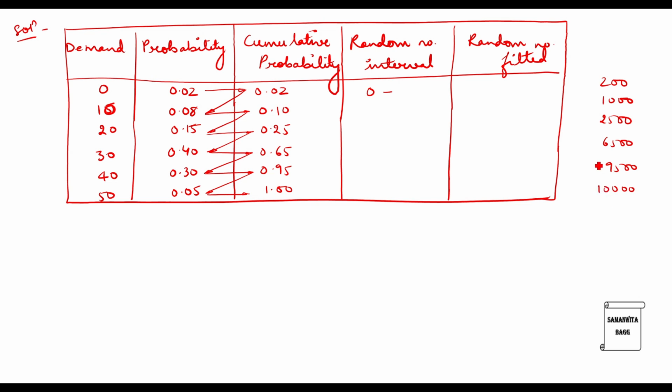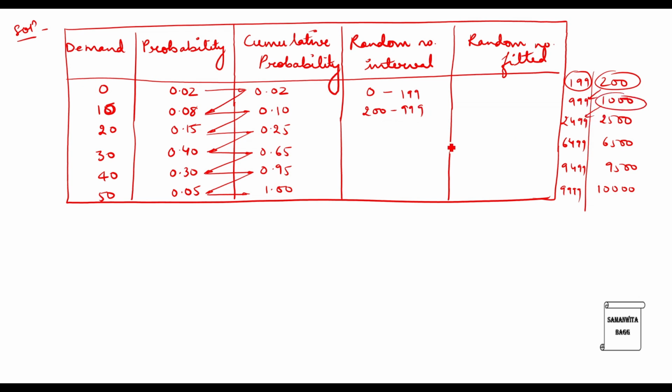Now I will subtract 1 from each of them. So this will be 199, this will be 999, this will be 2499, 6499, this is 9499 and finally 9999. So we started with 0 and the range value over here is 199. Then the next value is 200, so 200 to 999.